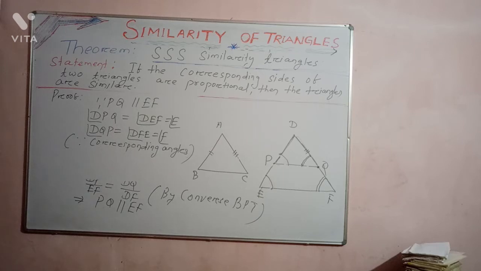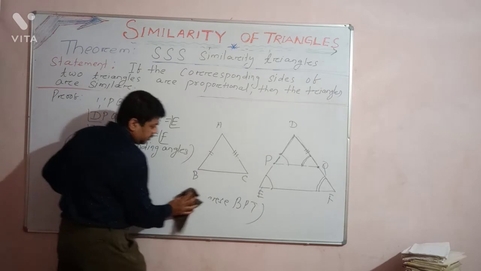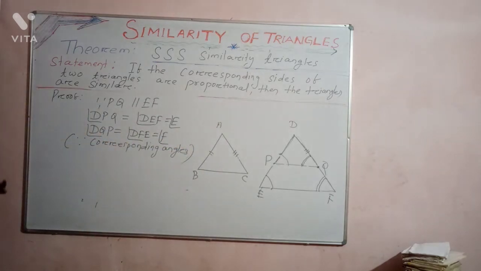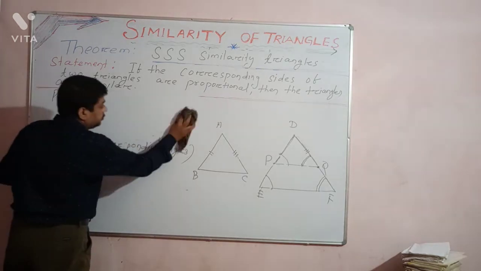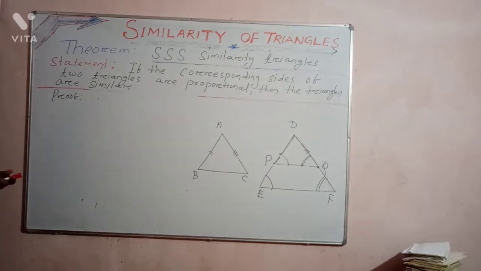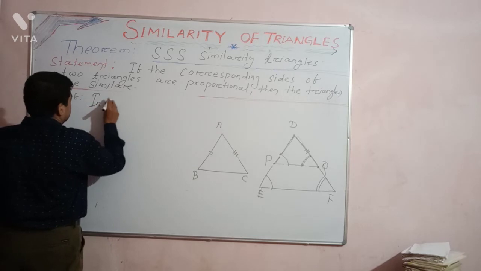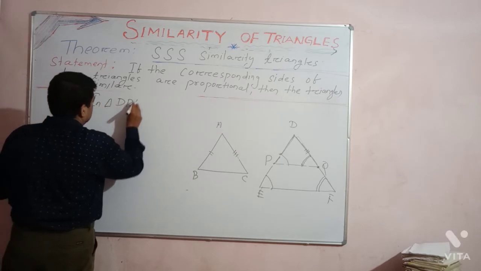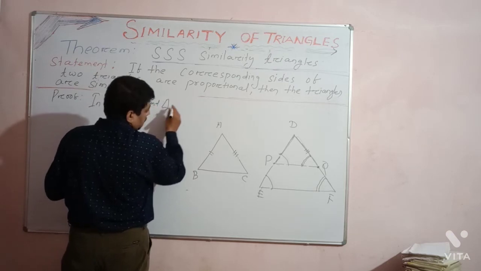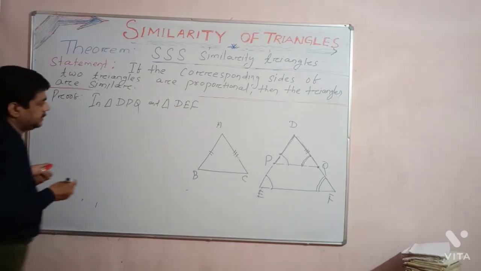Okay, now you see the similarity between triangle DPQ and triangle DEF. Can you prove the similarity between triangle DPQ and DEF? Let's see. In these two triangles, what are you finding?